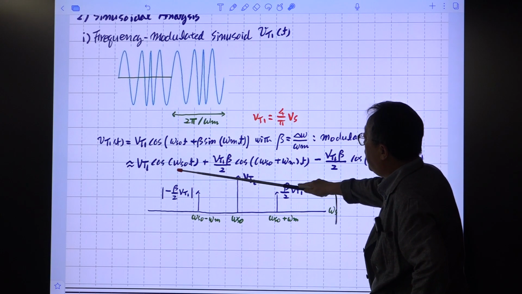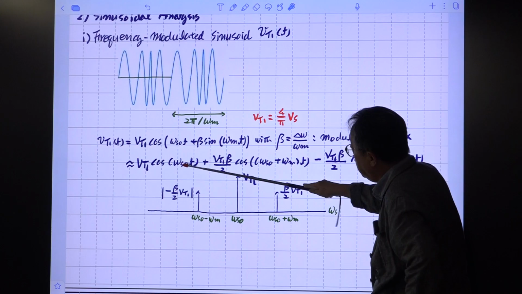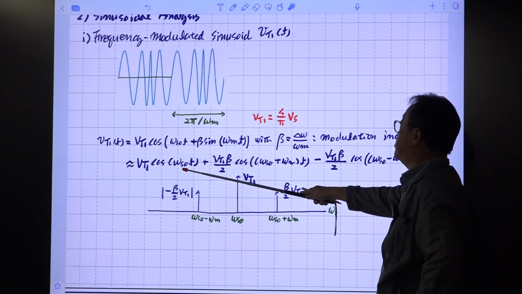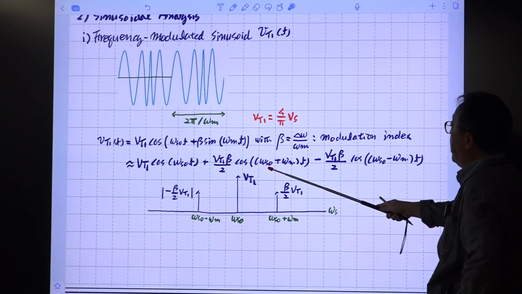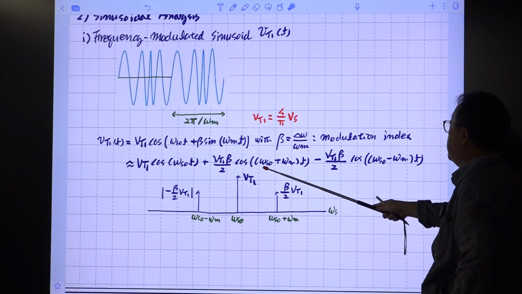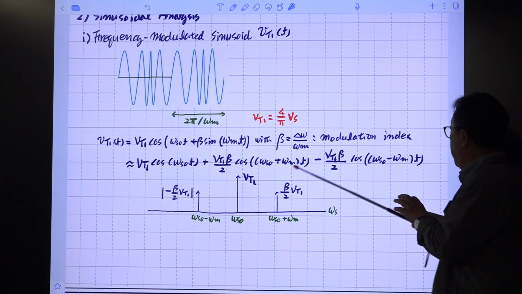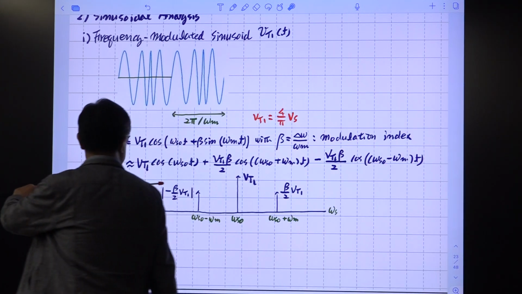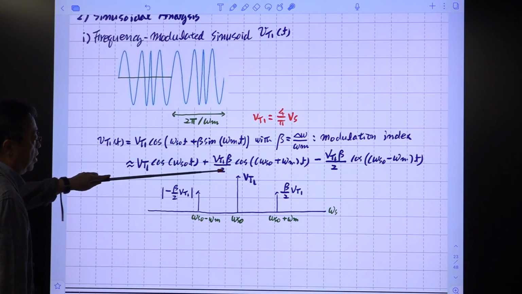It approximates into 3 terms. The first term is the fundamental component of this sinusoidal waveform at the unmodulated switching frequency omega s0. And we have another two terms: the unmodulated switching frequency plus the modulation frequency, and minus the modulation frequency. The coefficient of these is VT1 times beta divided by 2.